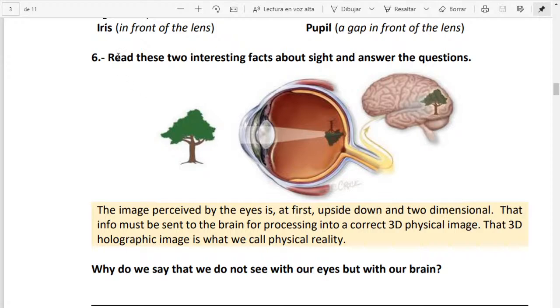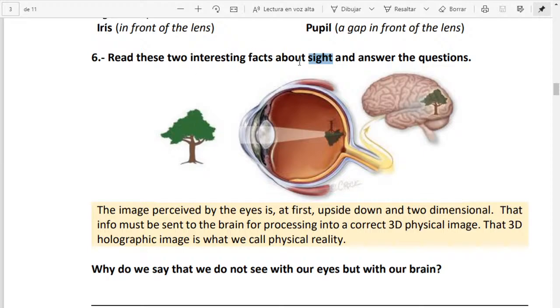Now, number 6, you have here, read these 2 interesting facts about sight and answer the question. Sight is the English name for our Spanish vista, as a sense. We call it the sense of sight, sentido de la vista in Spanish.